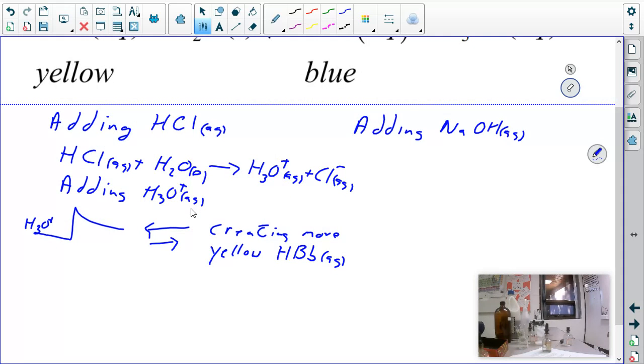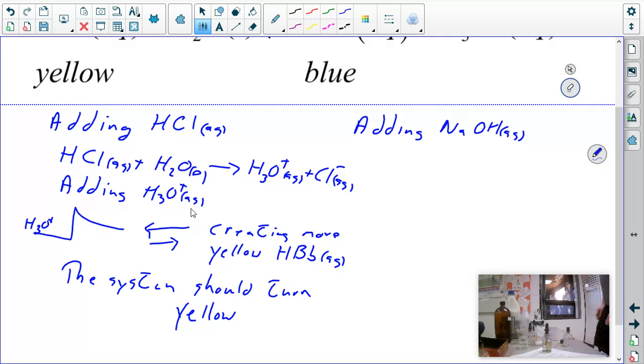So we should have the prediction in terms of color. The system should turn yellow. Well, let's see. Where is my hydrochloric acid? There it is.